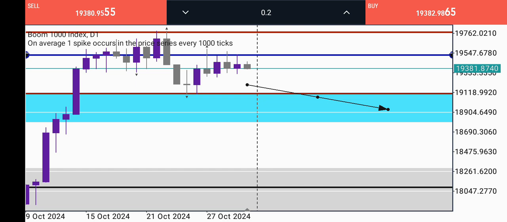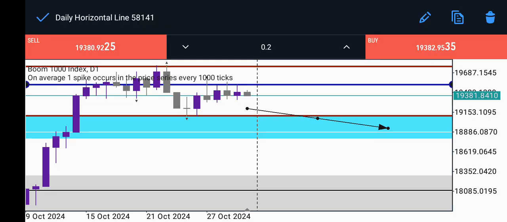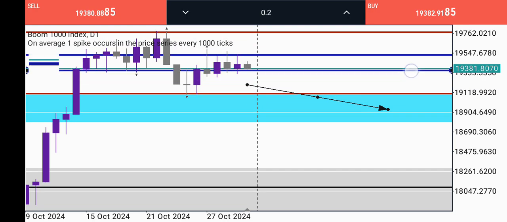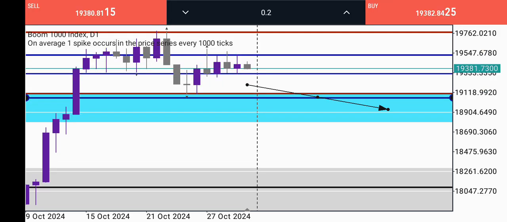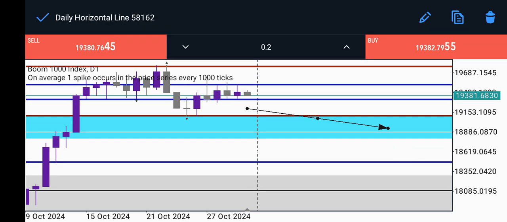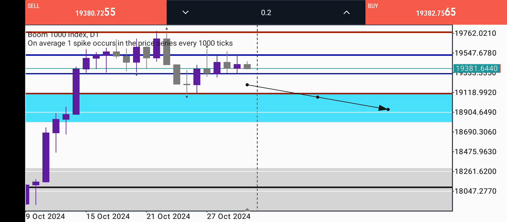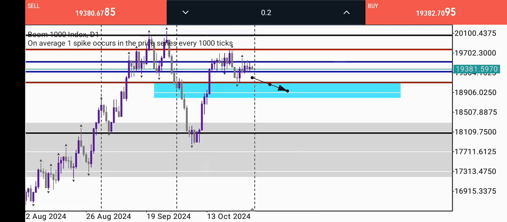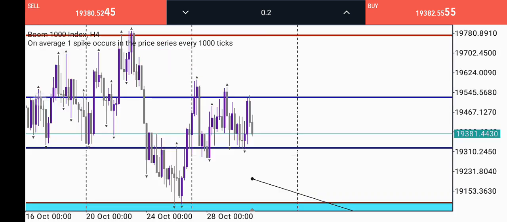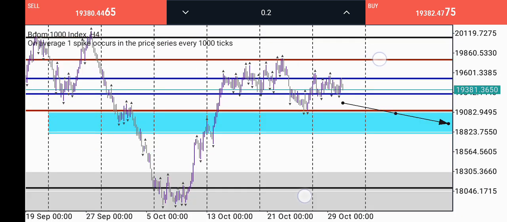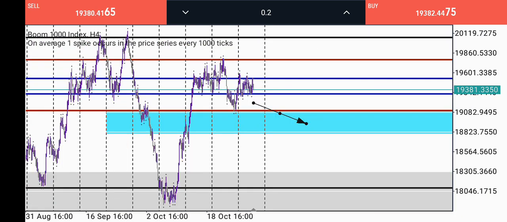For now, it's still respecting the engulfing candle, and we are yet waiting for price to break any significant low. Once it breaks any significant low, that's when we know that price is going bearish. But for now, on the 4-hour, you see that price is ranging.